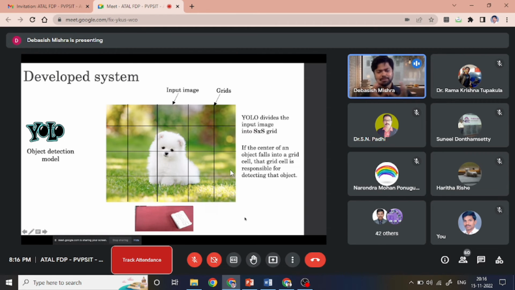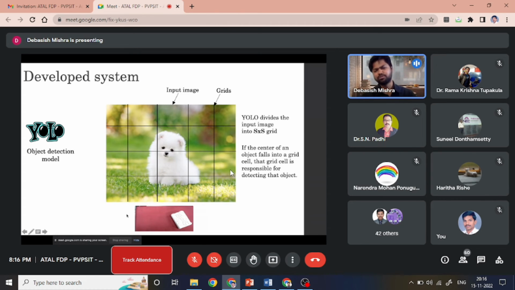The most basic thing behind the working of the system is the YOLO model. So we built the object detection model YOLO, and it works by dividing the image which is coming its way into grids, and accordingly from each grid it collects the information and detects the object.